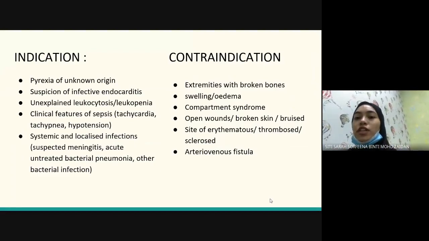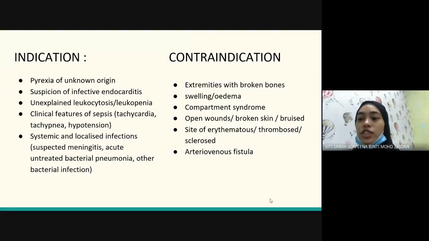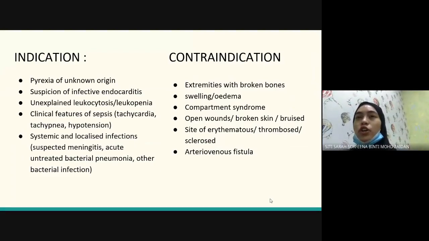Also if there is any suspicion of infective endocarditis, unexplained leukocytosis or leukopenia, or if the patient presents with clinical features of sepsis such as tachycardia, tachypnea and hypotension, and also for systemic and localized infection. Basically because we want to know what is the etiology that causes the patient to present with such presentations such as fever.